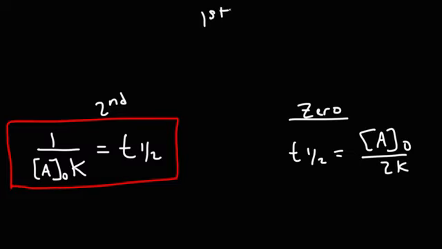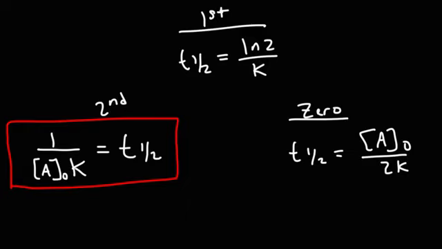And for first order reaction, half-life is equal to ln2 over K. So in all cases, the half-life is inversely related to K. So for all three rate orders, 0, first, and second order, as the rate constant increases, the half-life will decrease. You always have that inverse relationship because K is always in the bottom of the fraction.